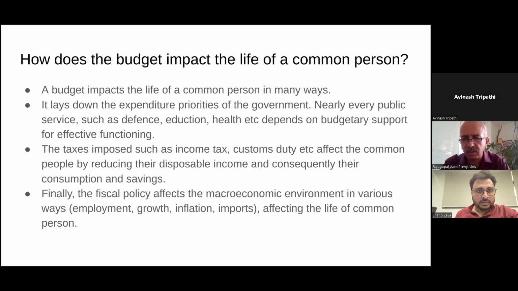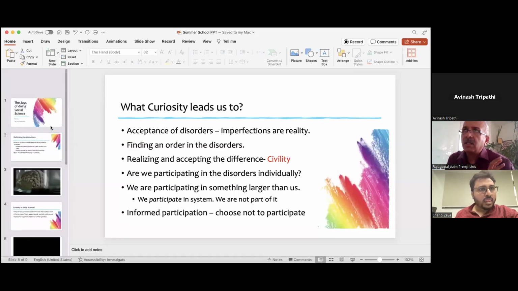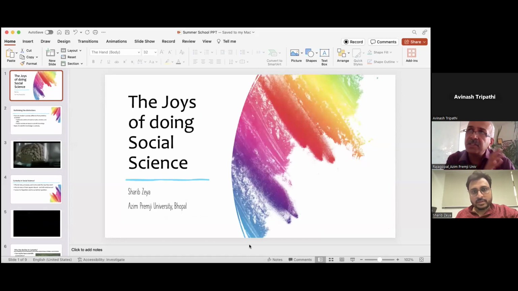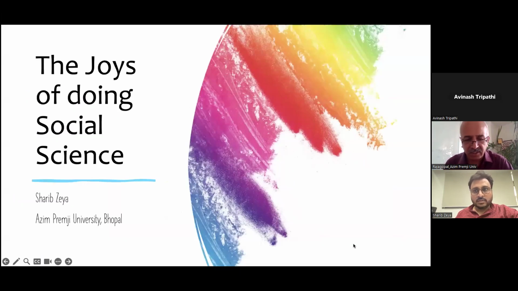While you're doing that, for others who are on the call, in the order they spoke, Sunit, Shiuli, and Avinash teach the BA Economics program at Azim Premji University, and you got a quick snapshot of how we look at economics. And Sharib is going to teach.